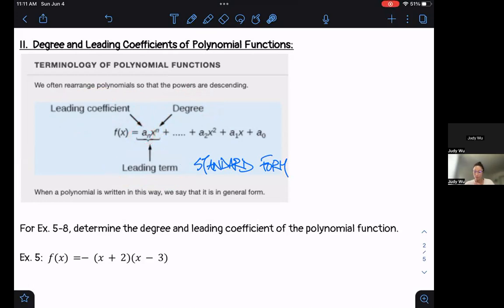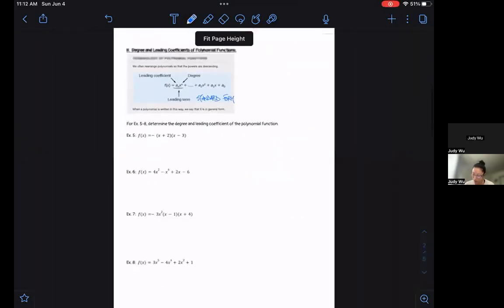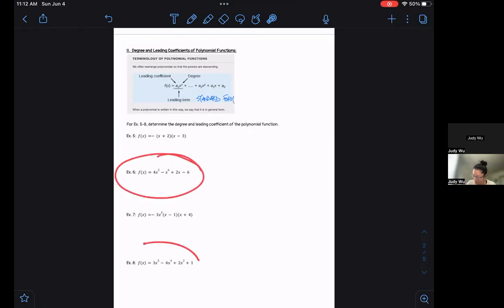So what I think we should do is take a look at these 4 examples below. But before we start on any of them, I want us to see which ones are in standard form, okay? If we scan through, we might see that example 6 and example 8 are both in standard form. And standard form, in case I didn't say it earlier, basically just means that we multiplied everything out.